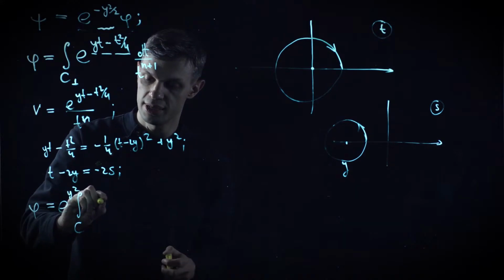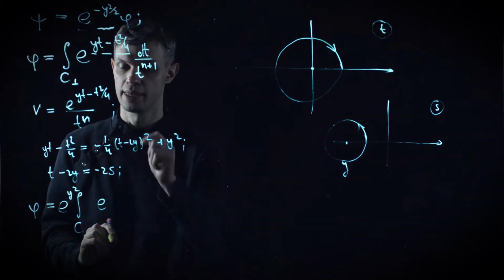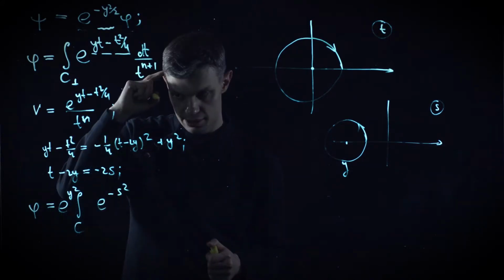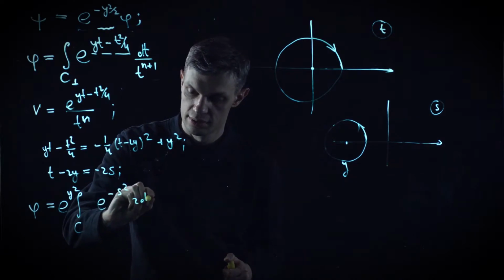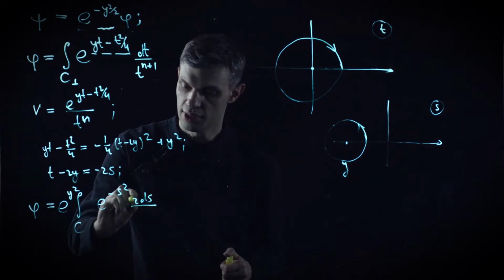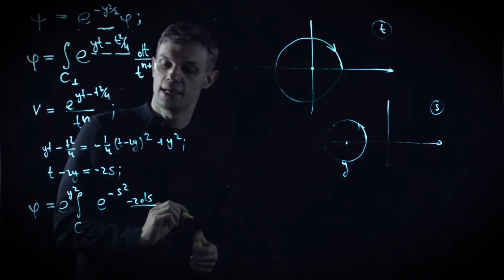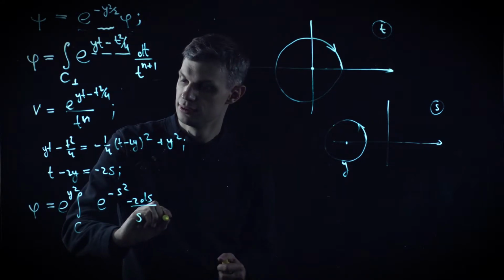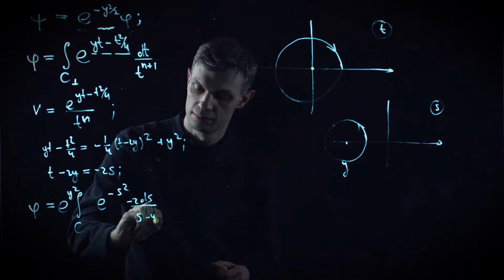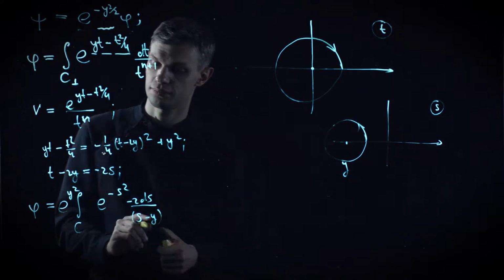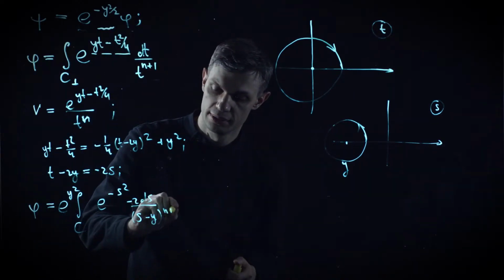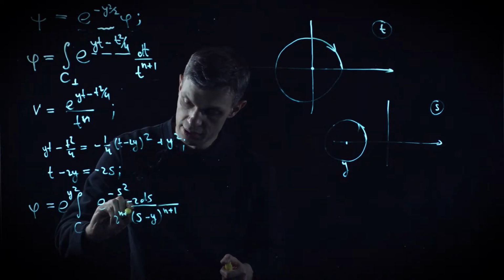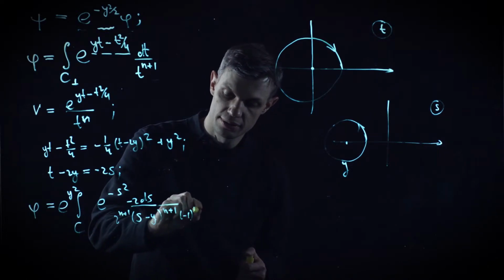Under the integral, we simply have e to minus s squared, with a negative sign, 2 ds divided by (s minus y) to the n+1, times 2 to n+1 multiplied by (-1) to n+1.